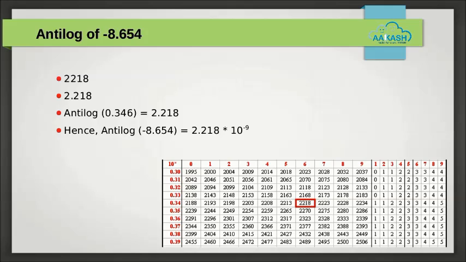Since there is no digit after 0.346, the obtained value is the final value, and we do not need to look in the columns of mean differences. Therefore antilog of 0.346 equals 2.218, and hence antilog of minus 8.654 equals 2.218 multiplied by 10 raised to the power 9.